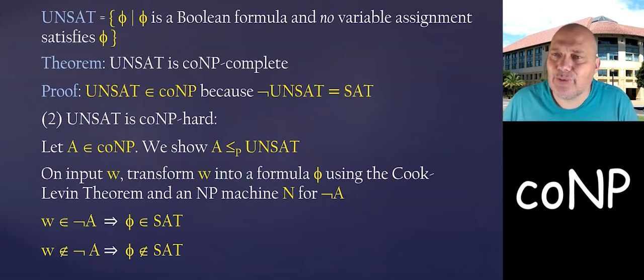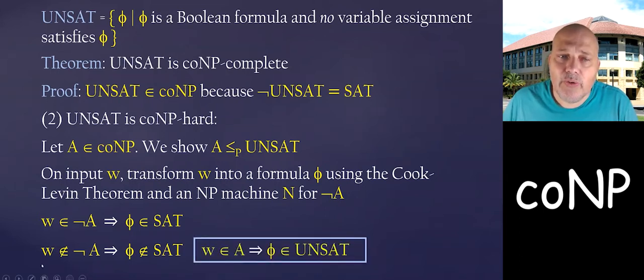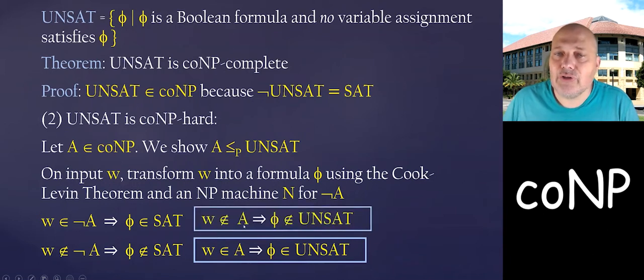Seeing it here, W is not in not A means that W is in A, means that phi is not in SAT, which means that phi is in ANSAT. And W is not in A means that phi is not in ANSAT. So this is a reduction from A to ANSAT. In general, every reduction from a language A to a language B is a reduction from not A to not B.